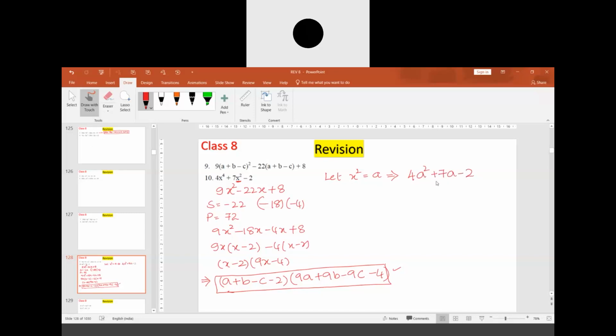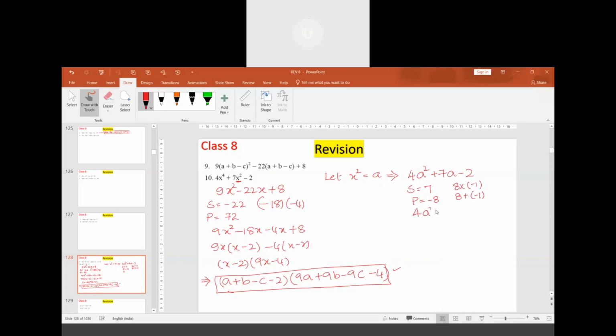In this, the sum is positive 7, the product is negative 8. So if you take 8 and 1, positive 8 and minus 1.